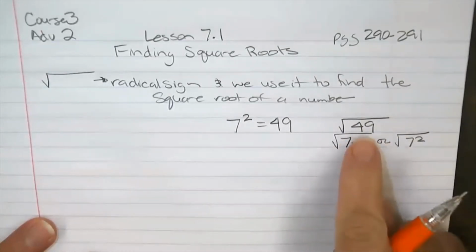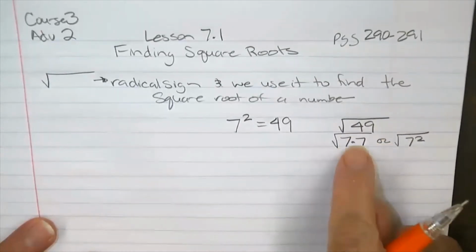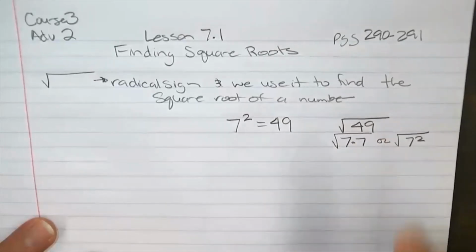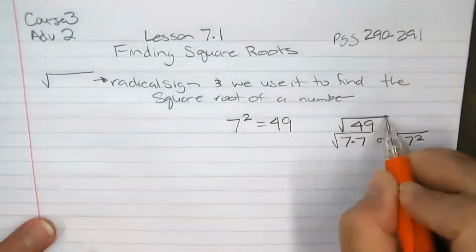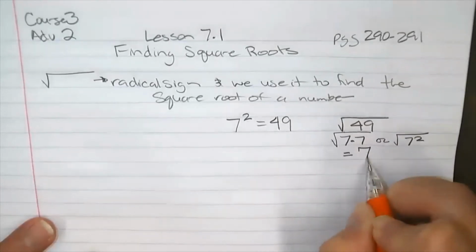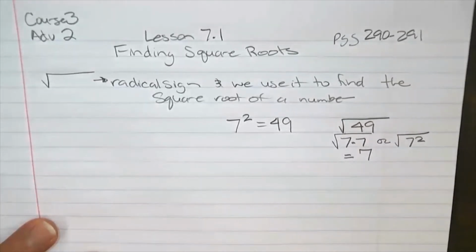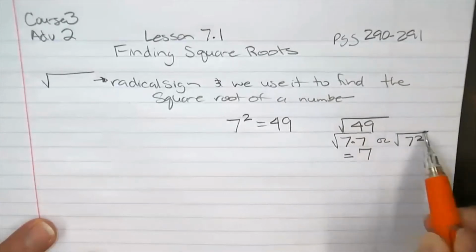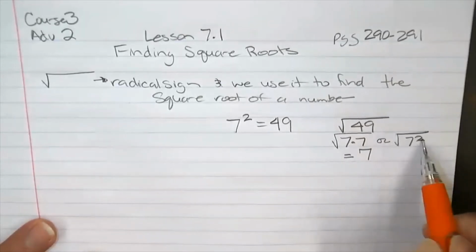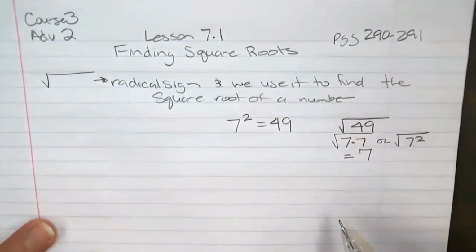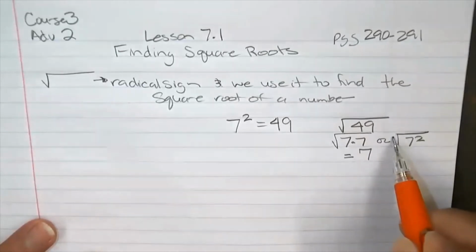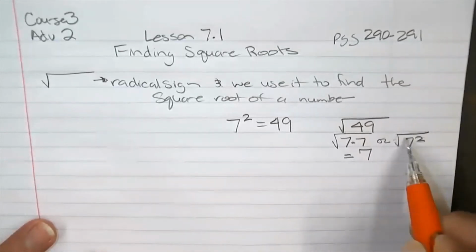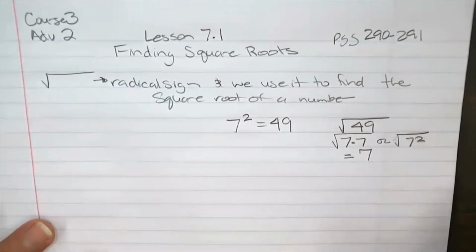So the square root of 49 is equal to 7. And if you see a square root with something squared, they cancel each other out, because you're looking for the square root of something squared.